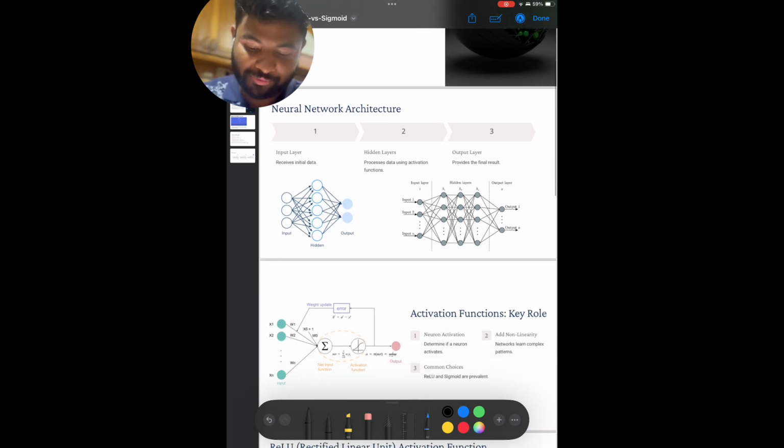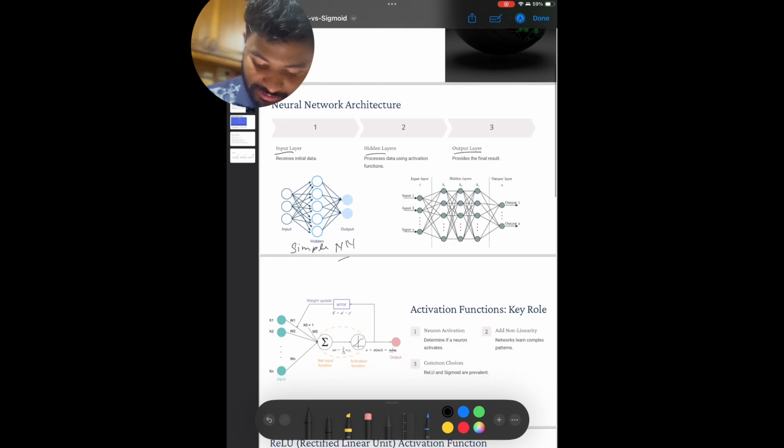Okay, a very quick recap on the neural network. We know that a neural network consists of an input layer, a hidden layer, and an output layer. This is a very simple neural network, something we created yesterday, which consists of just one input layer, one hidden layer, and one output layer.